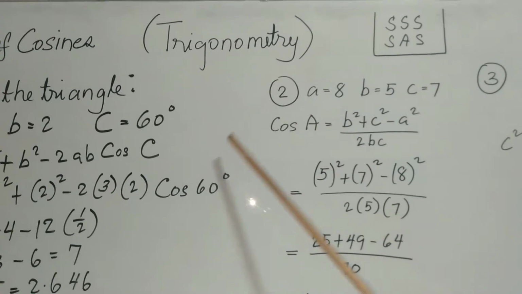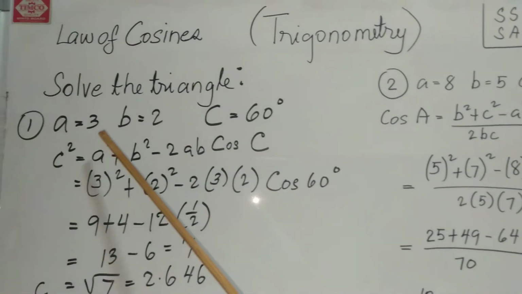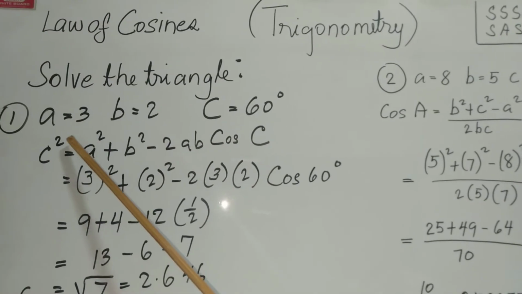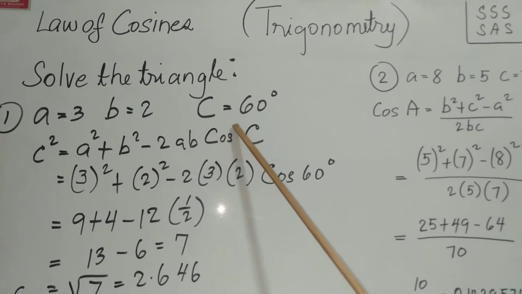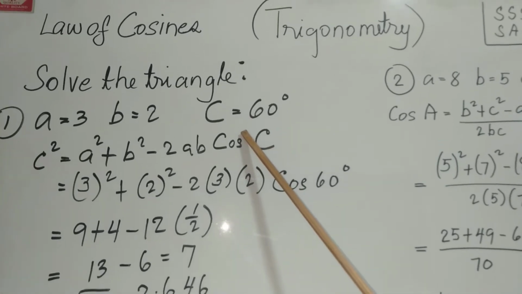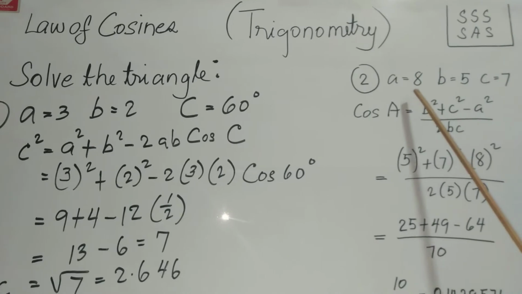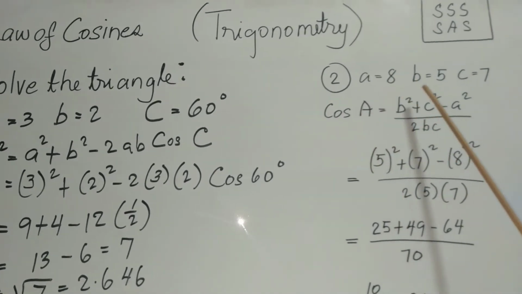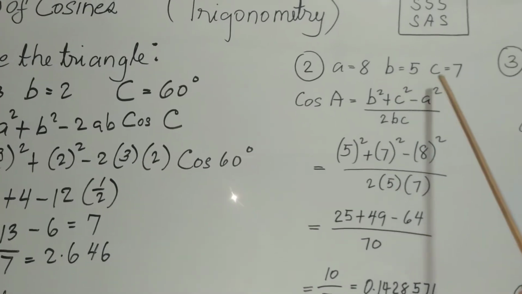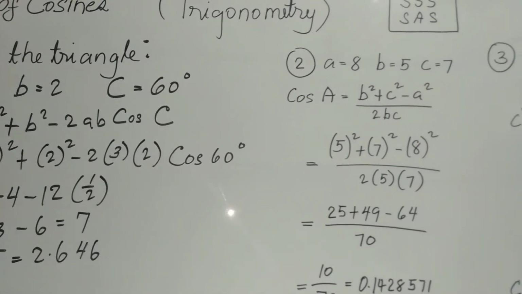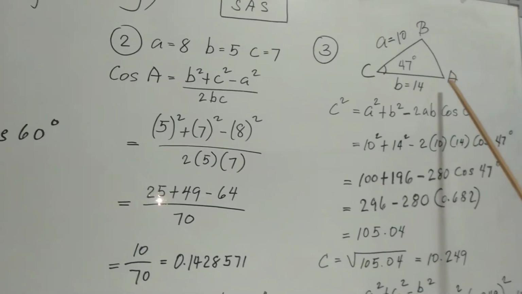Just like in problem number 1, as you can see, we have two sides here, A and B, and the included angle C, which is 60 degrees. And for problem number 2, we are given three sides: side A, side B, and side C. And for problem number 3, we have this figure here.